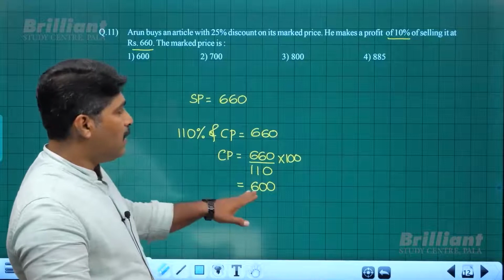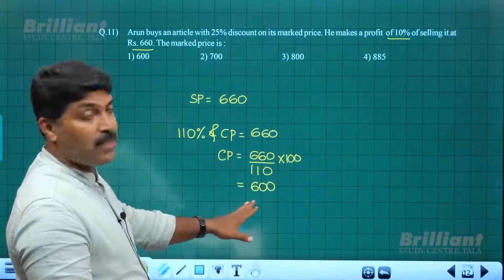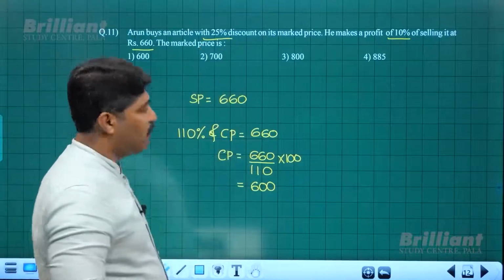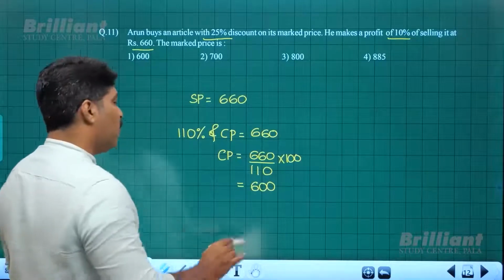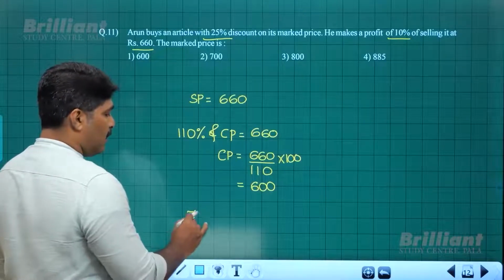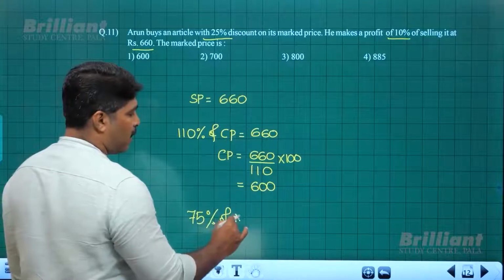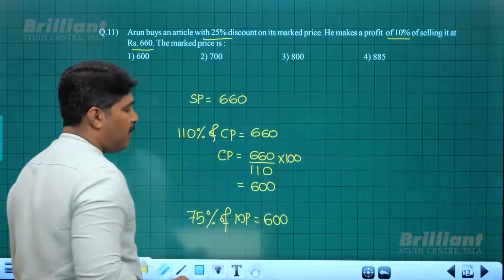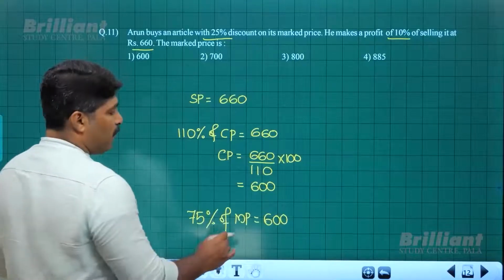He bought this product at rupees 600 after a discount of 25%. So if there is a discount of 25%, we can say 75% of the marked price is 600. Therefore, what is the marked price?